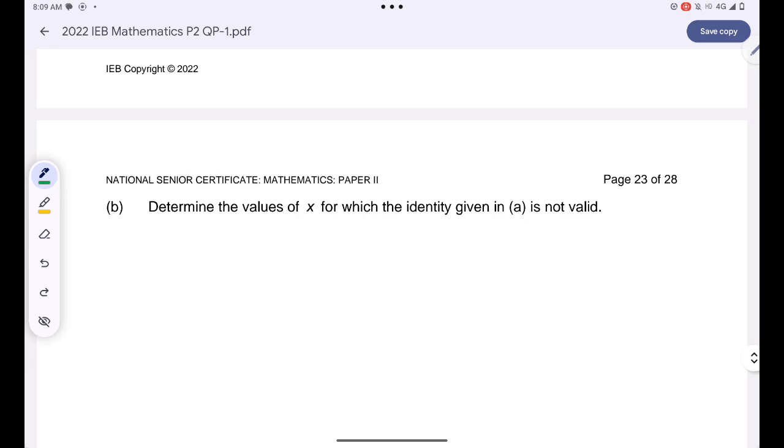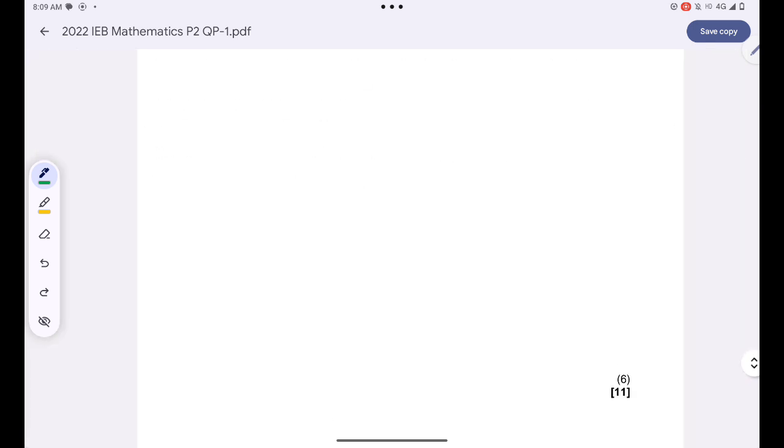I'm supposed to determine the values of x for which the given identity will not be valid. The values of x, né?